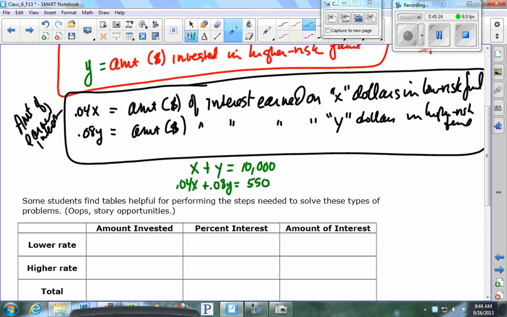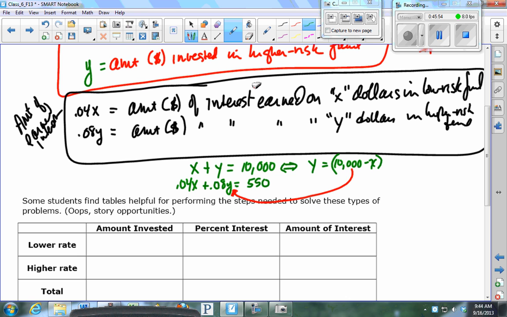This is called a system of equations. So if you solve your first equation for either x or y, for example, y equals 10,000 minus x, this is how your book shows you how to do it with one variable. Instead of using a y, you would use 10,000 minus x. Then you solve your second equation, where you see the y, you replace it with the 10,000 minus x.